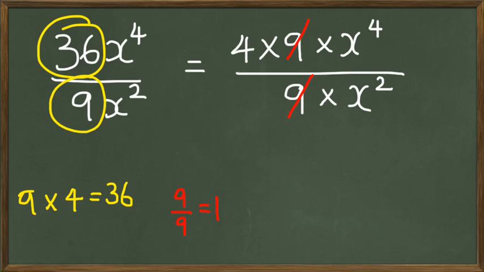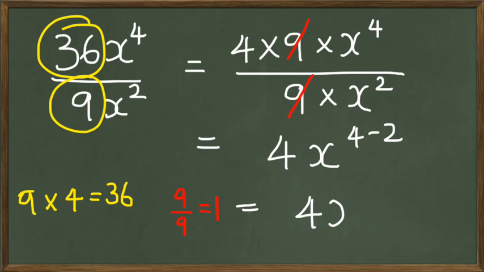Now if that is cancelled, what you have in the numerator is 4x to the power of 4 minus 2, which equals 4x squared. So that's your final answer.